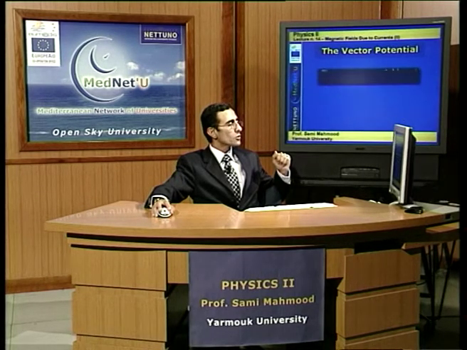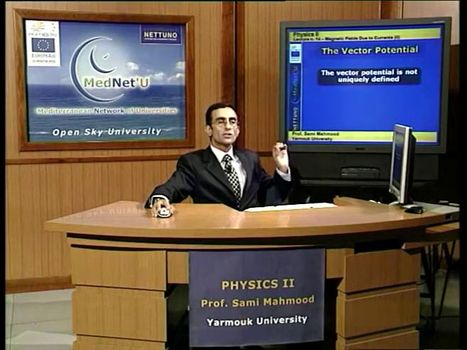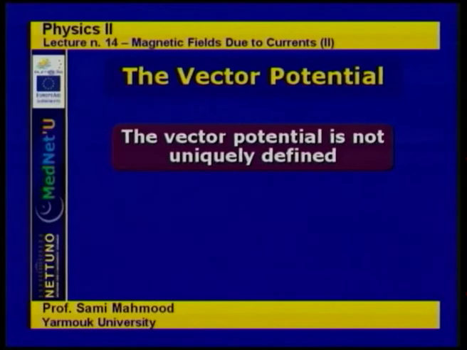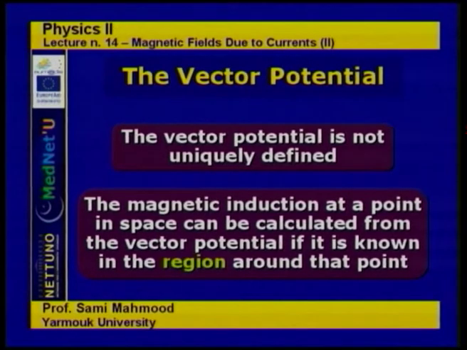And also, we must recall that the vector potential is not uniquely defined because we have this gauge transformation. We can add to it any gradient of a scalar function. The magnetic induction at a point in space thus can be calculated from a vector potential, only if the vector potential is known in the region of that space.